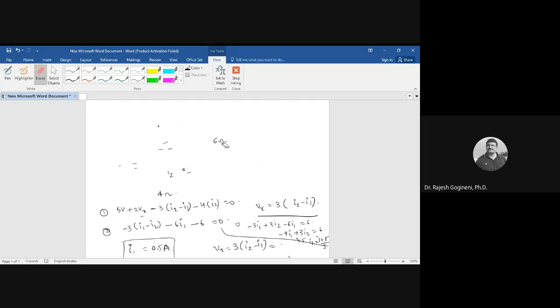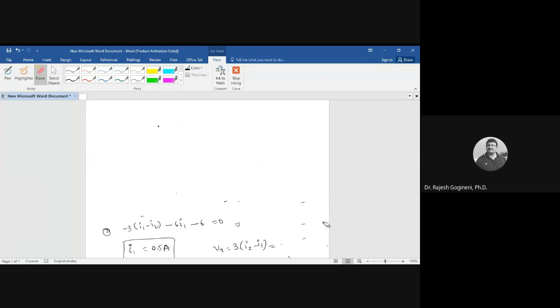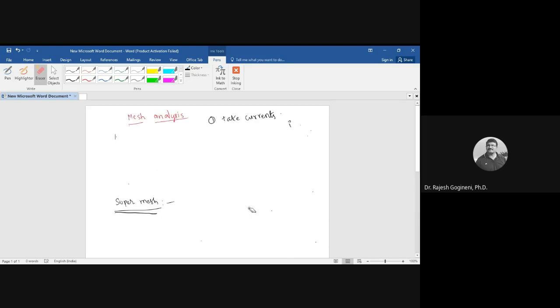If any of the branches in the circuit consists of a current source, then the super mesh technique is used.